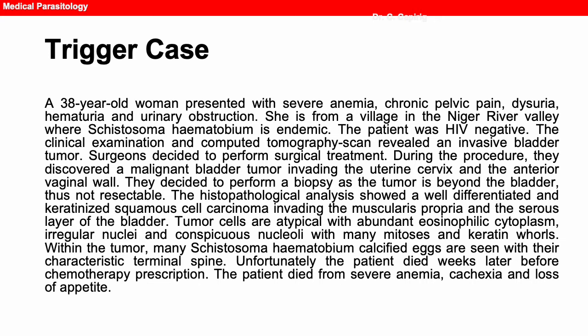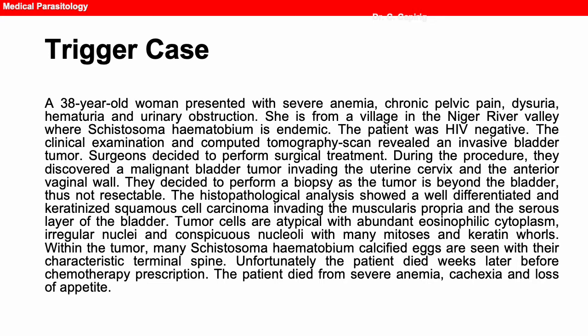Tumor cells were atypical with abundant eosinophilic cytoplasm, irregular nuclei and conspicuous nucleoli, with many mitoses and keratin whorls. Within the tumor, many calcified Schistosoma haematobium eggs were seen with their characteristic terminal spine. Unfortunately, the patient died weeks later, before the chemotherapy prescription. The patient died from severe anemia, cachexia, and loss of appetite.